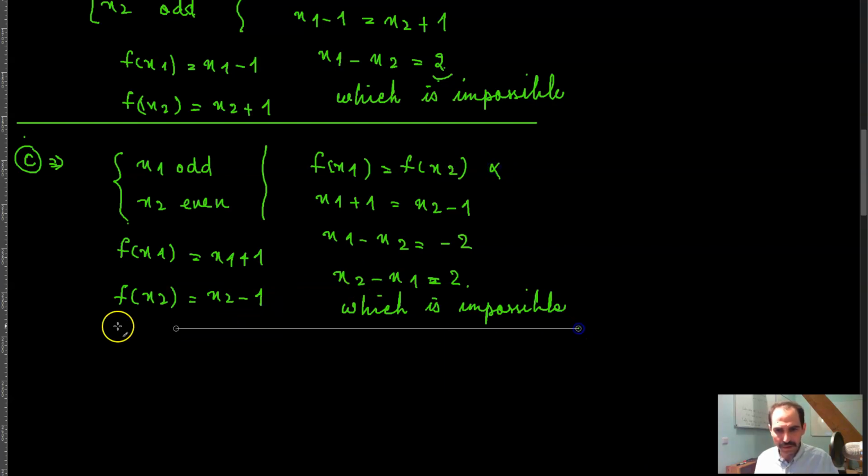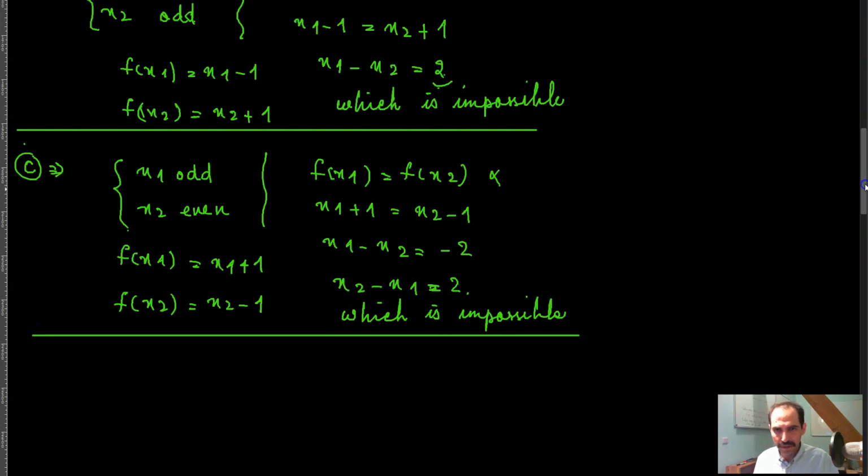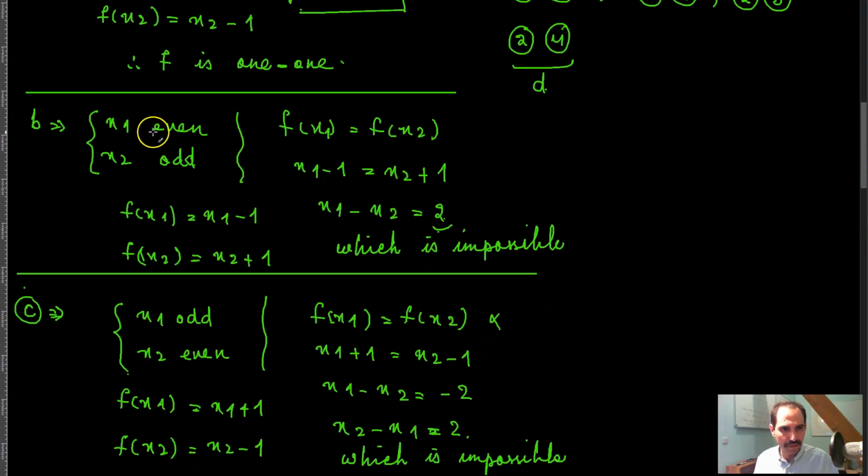It's not possible. And over here we said that if x1 is even and x2 is odd, again it was impossible. So if x1 is even and x2 is odd, or if x1 is odd and x2 is even, in both cases it's not possible.